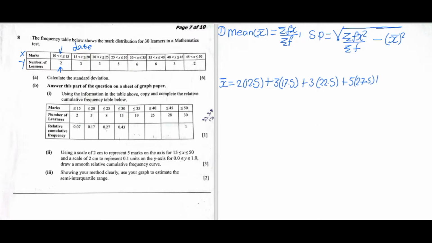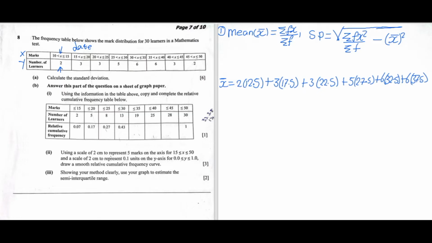Then plus we have 6 times, so 30 plus 35 divided by 2, I'm getting 32.5. Plus another 6, so 35 plus 40, 75 divided by 2, I have 37.5.